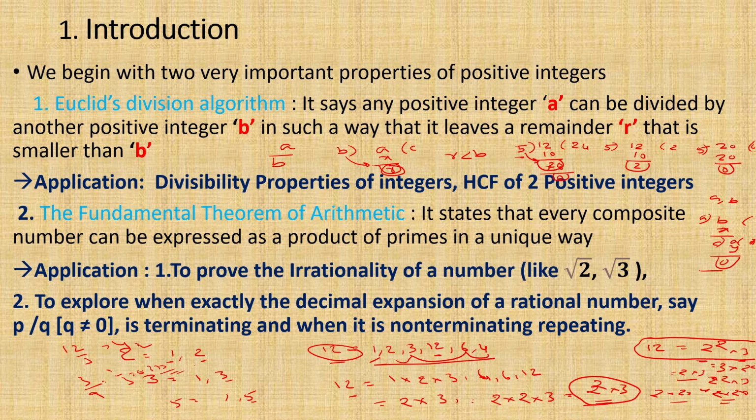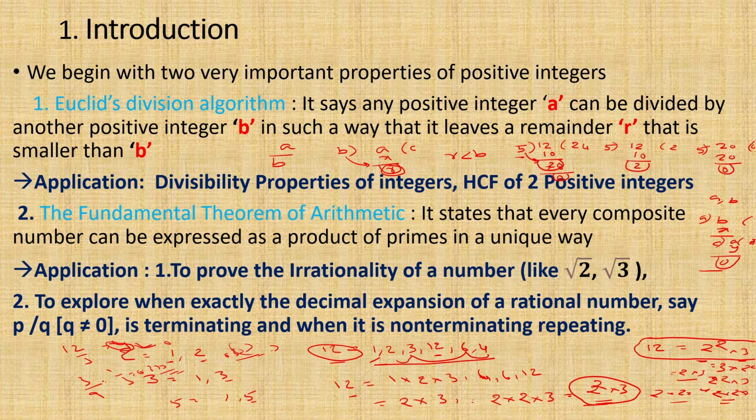So this number is not terminating, and 12 by 3 is the terminating form. For explaining these concepts also, we will use the fundamental theorem of arithmetic. Okay, that we will see in a later chapter.